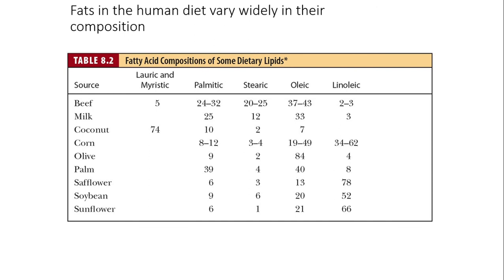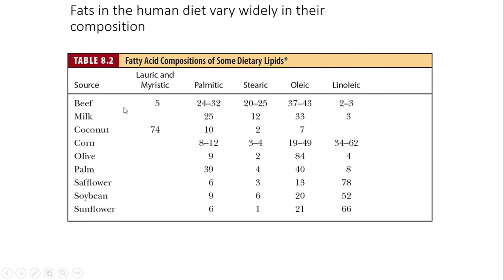So this is just a table that gives you some idea about the compositions of some of the dietary lipids that we consume. Remember, these two are unsaturated. These are saturated.